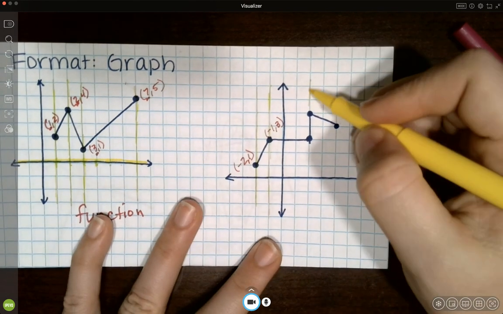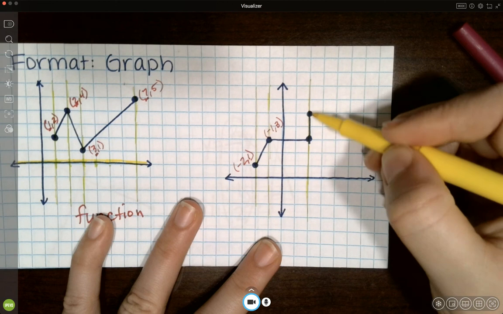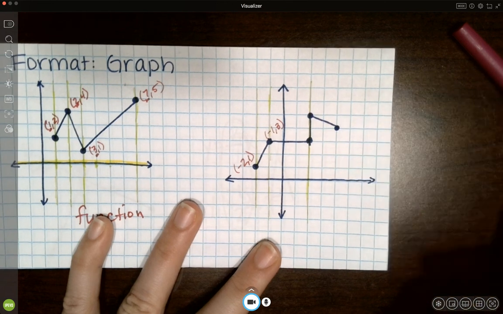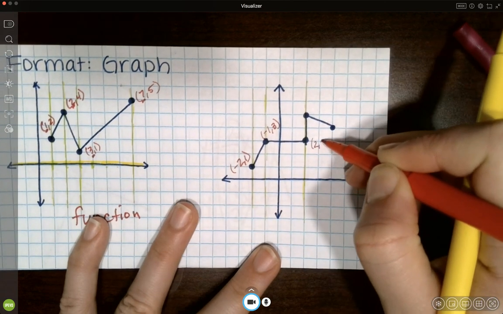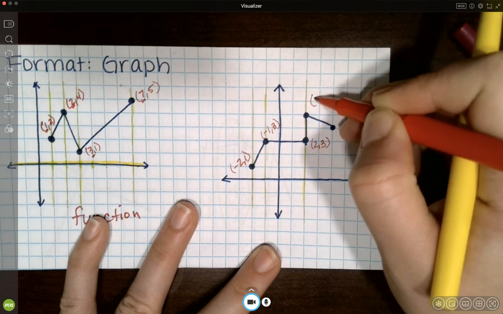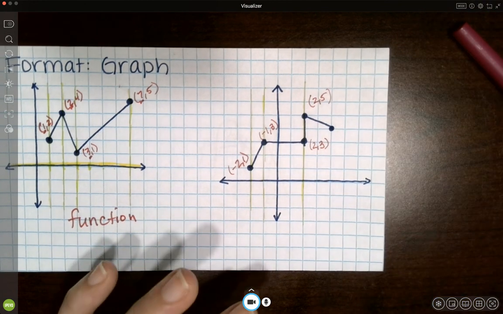Notice here when x is 2, when I draw this vertical line, I have two spots that fall on this line. At 2, comma 3 and at 2, comma 5, we have the same part of the line.